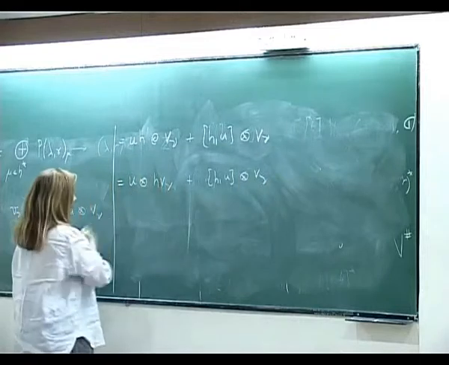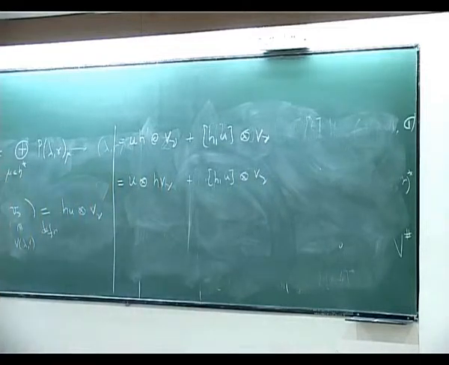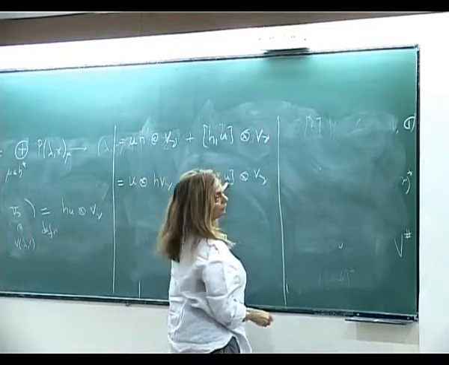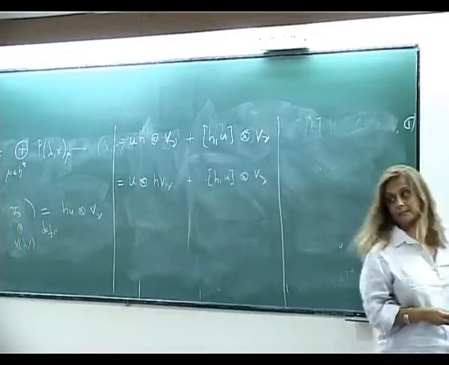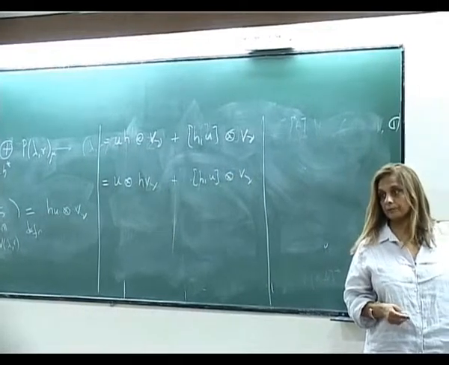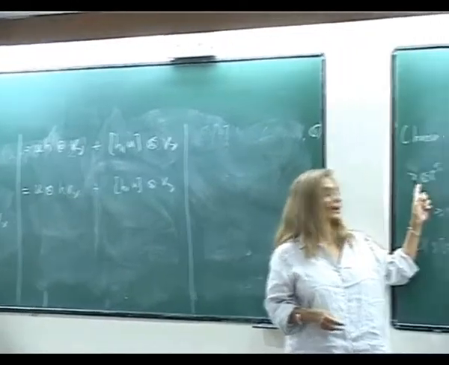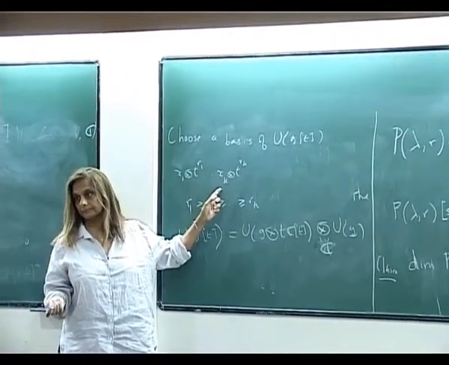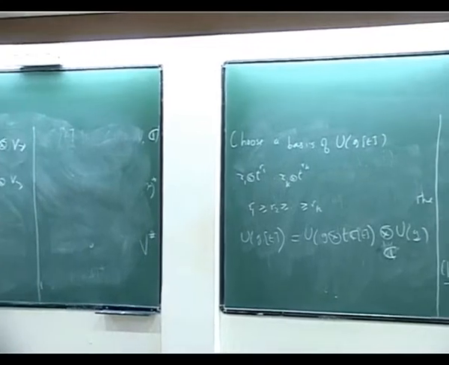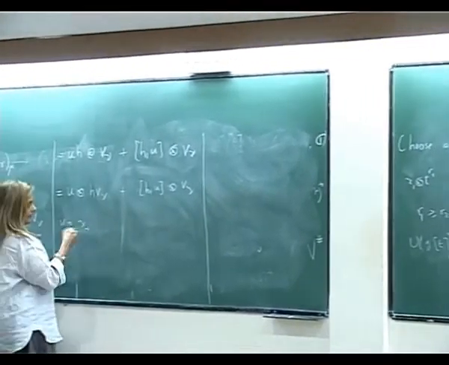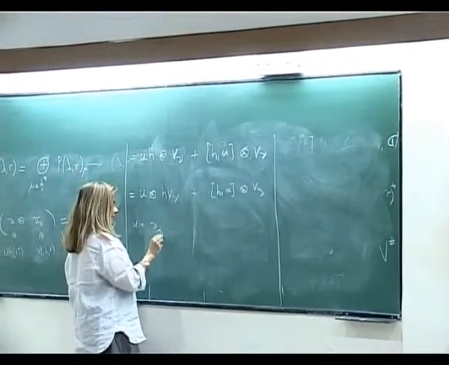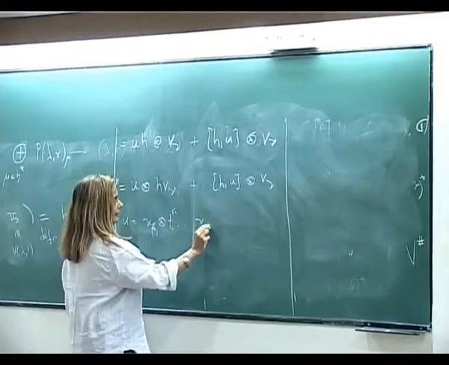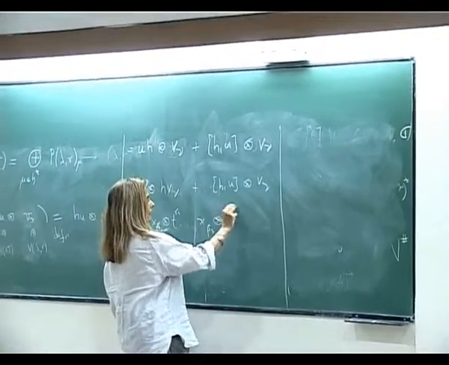Now, what can I further say about U? I said that such elements span my enveloping algebra. So now I can choose my xi's cleverly. I can choose them to be root vectors. So I can write U as a typical spanning element, x beta 1 tensor t power r1, up to x beta s tensor t power rs.